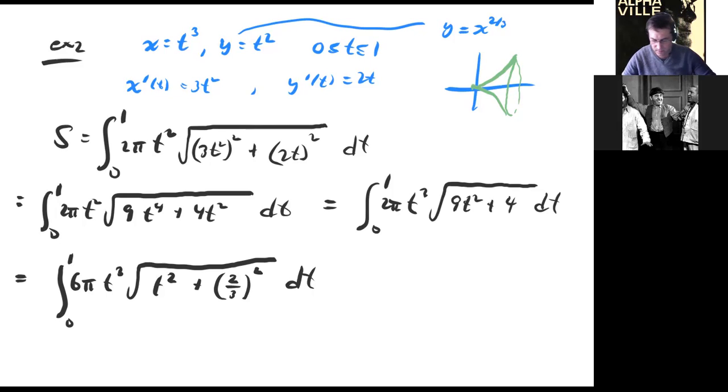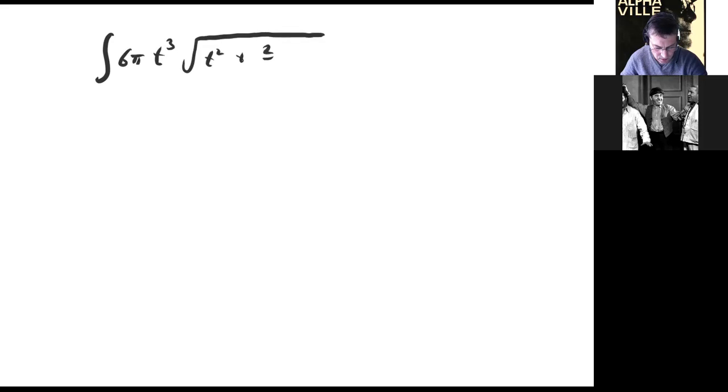Okay, so I'm going to clear the screen. We're interested in calculating the integral of 6 pi t cubed, the square root of t squared plus 2/3 quantity squared dt.